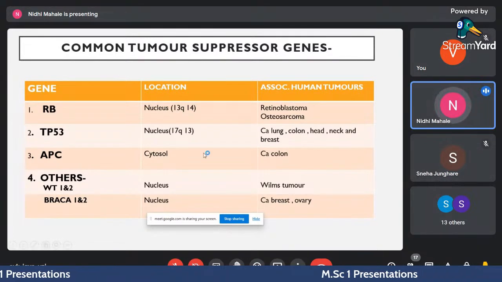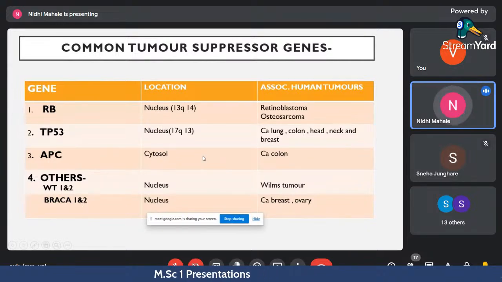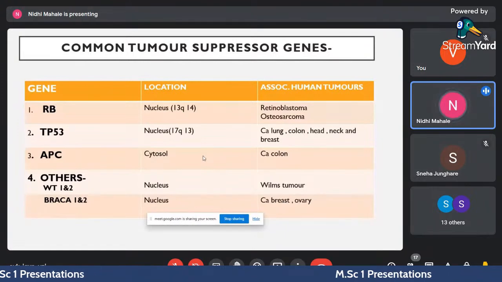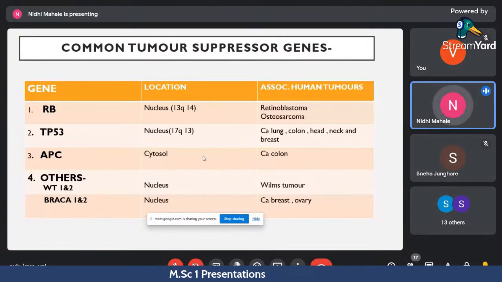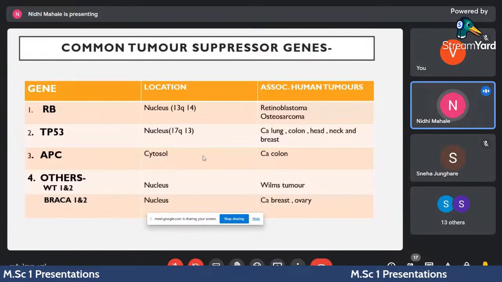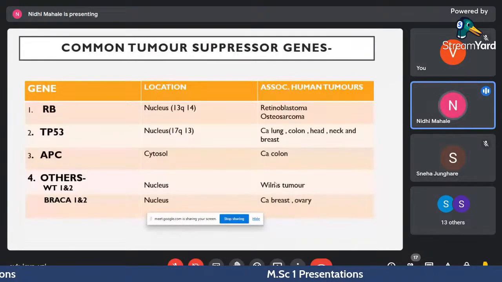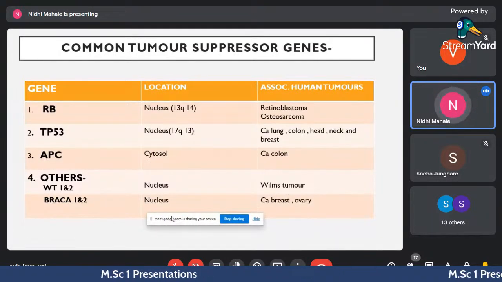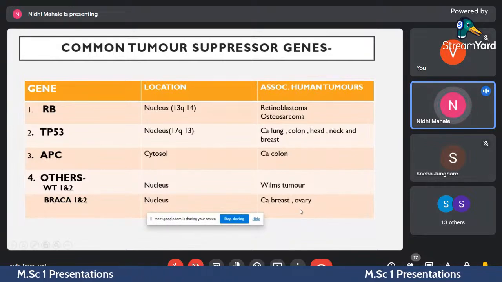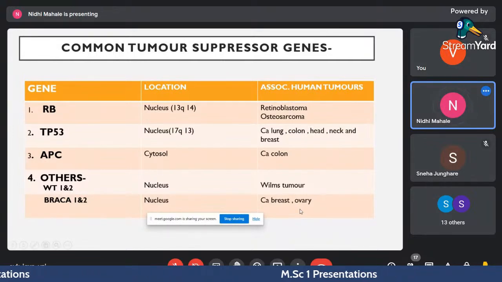APC, located in the cytosol, causes colon cancer. Some other genes are WT1 and 2, and BRCA1 and 2, which are both located in the nucleus. The WT gene causes Wilms tumor, and the BRCA gene causes breast cancer or ovarian cancer.